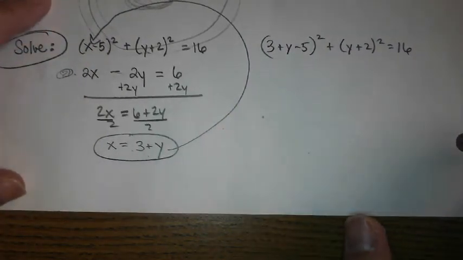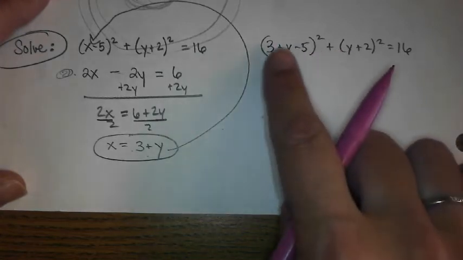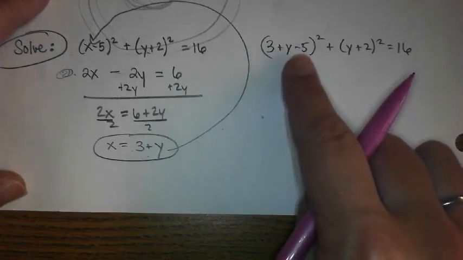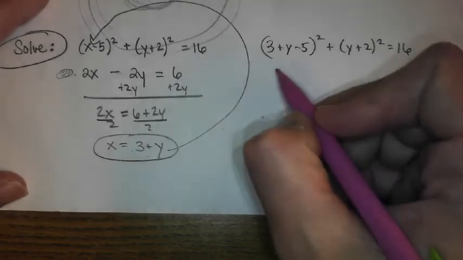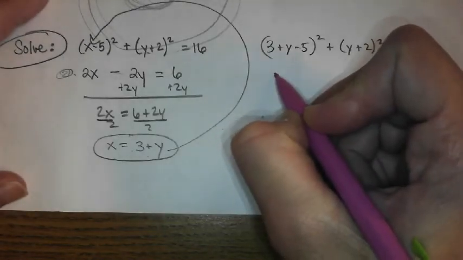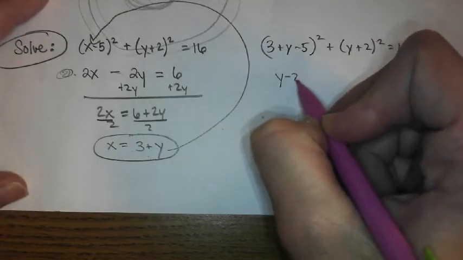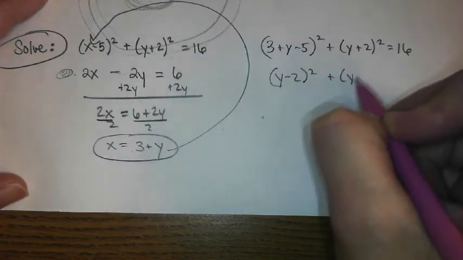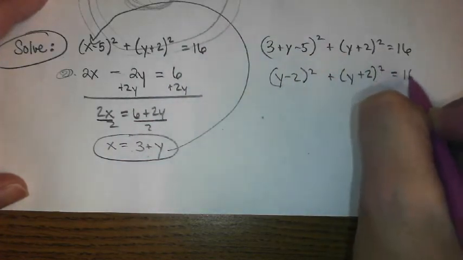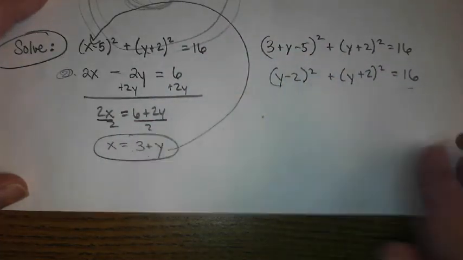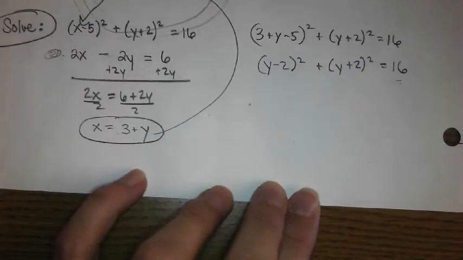Simplify. Agreed? Why would we leave the 3 and the minus 5? Wouldn't we combine like terms and make that y minus 2? Everybody agree with that? So we're just combining like terms. So what variable are we solving for first? Clearly y. So when we get an answer, that's just the y coordinate answer.